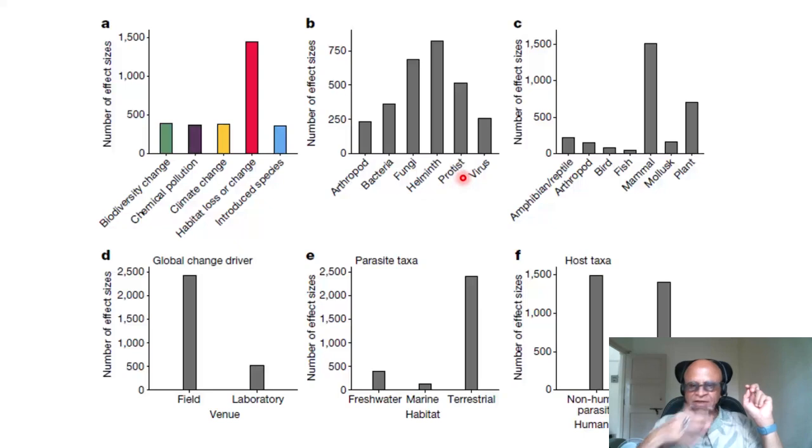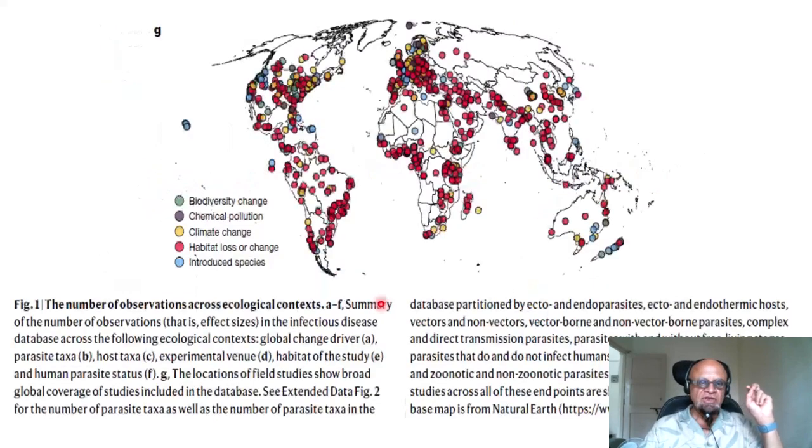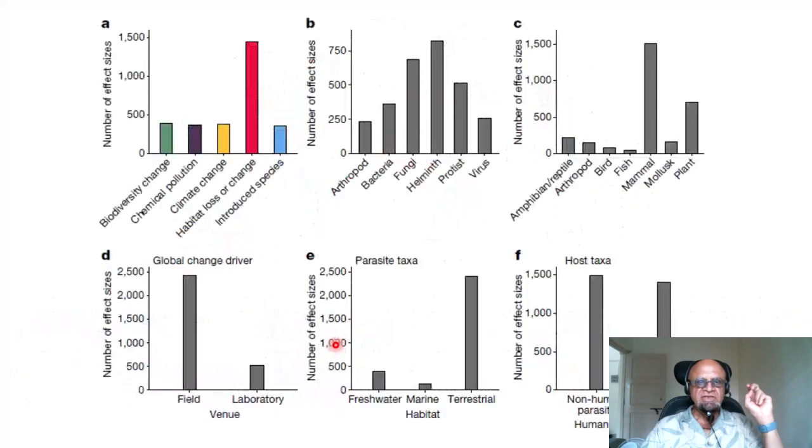So that tells you, if you read the caption here, the number of observations across ecological contexts, A to F, are summary of the number of observations, that is effect sizes, in the infectious disease database across the following ecological context. So these are, since it's a meta-analysis, it's looking at sample sizes in some sense.